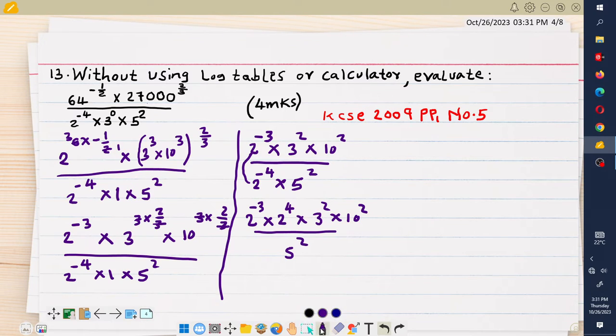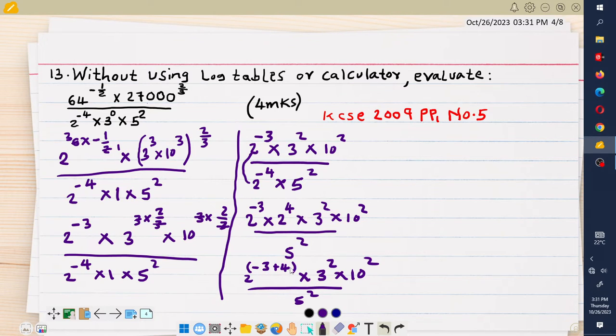So this will be equal to 2 to the power of -3 plus 4, because we are multiplying similar bases, so we add the powers, then multiplied by 3 to the power of 2, then multiplied by 10 squared, then the whole thing divided by 5 to the power of 2.